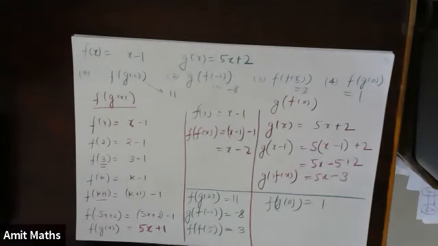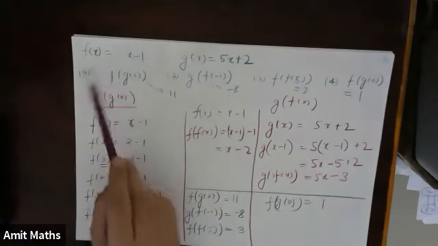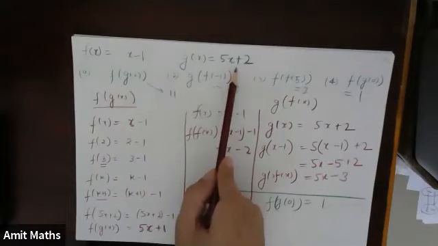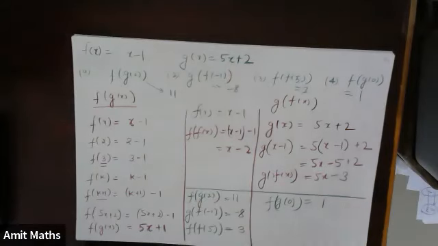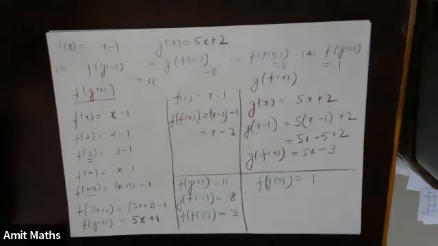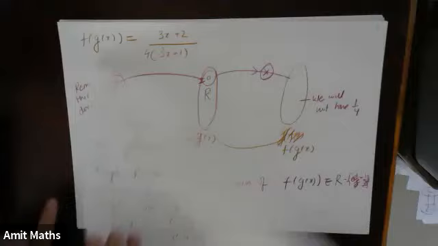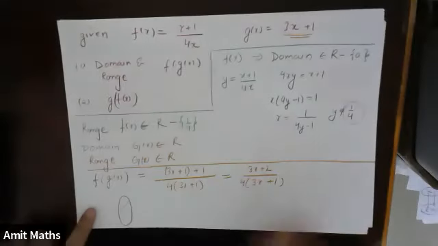So this was the first question which we did on composite functions, in which the function was given as f of x is equal to x minus 1 and g of x is equal to this. We have to find different values of composite functions. Next, the same question got continued here.